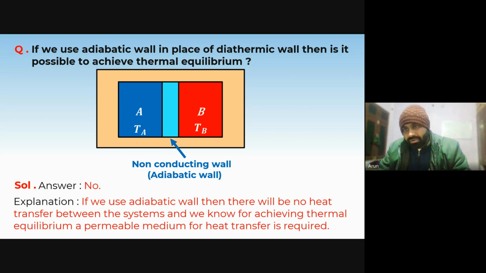And if heat is not transferring, the temperature will not become the same after some time. So they cannot achieve thermal equilibrium. Thermal equilibrium means we have two systems, and these two systems must have the same temperature. Then we can say that they have achieved thermal equilibrium.